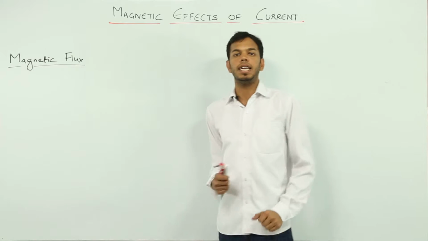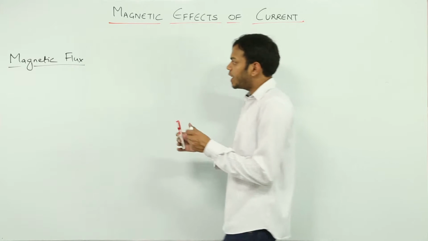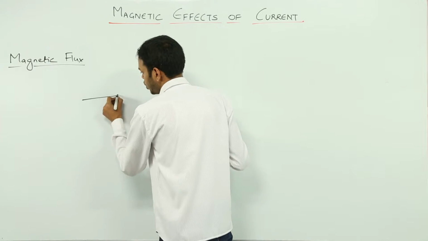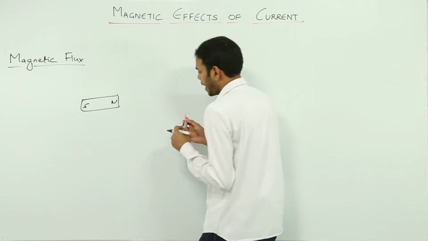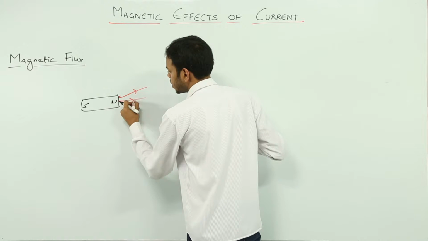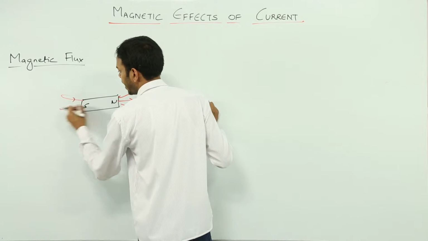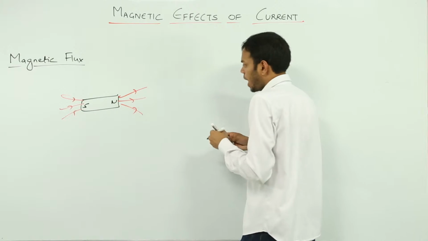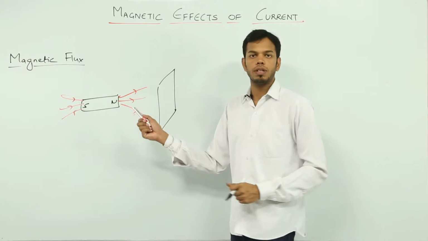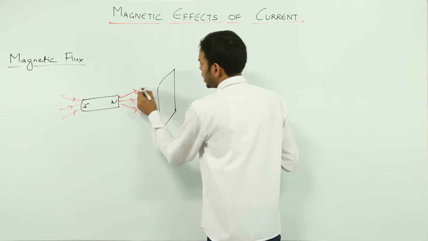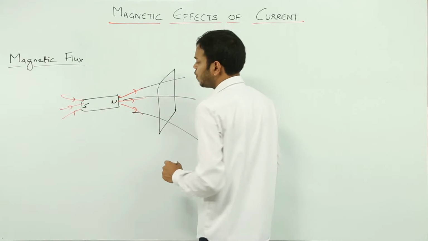Now, what is magnetic flux? Magnetic flux is very simple thing. Suppose this is a magnet, okay? Now we have magnetic lines of force which are coming out of it, right? Suppose I take any random area in front of this magnet from which these three magnetic lines of force are passing.